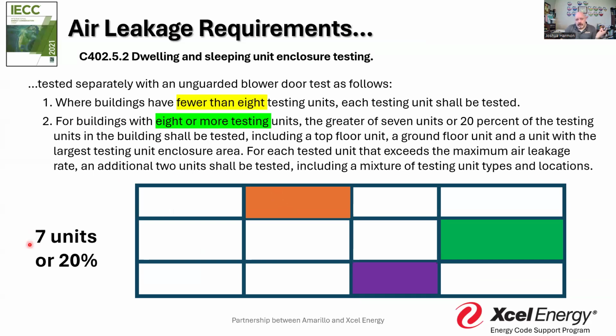So if we had 12 units, we're still going to do 7 units. And what we're looking for in this scenario is the code gives us expectations for testing dwelling units on multiple floors, one under the roof, one on the ground floor, the largest unit, and then whatever else we got to do.